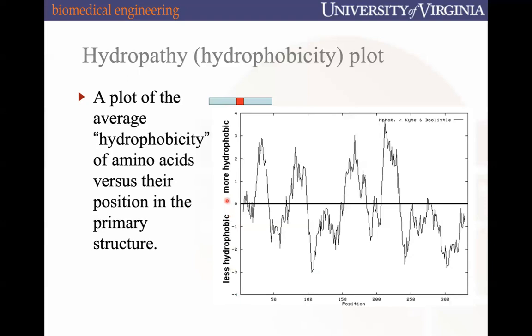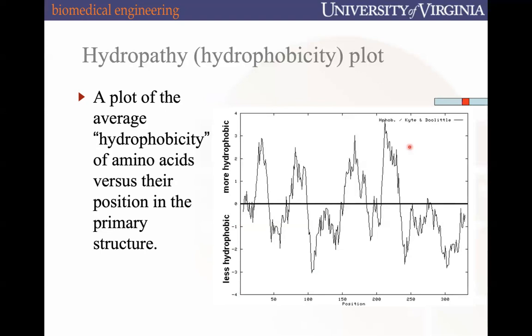And if you go across the length of this protein, this little schematic shows this red box in the middle would be that actual spot in the amino acid chain, and then the blue on either side would be the other residues that are taken into account in this moving average. So each of those residues has a number for how hydrophobic it is. You're just going to average it and then plot it in this plot.